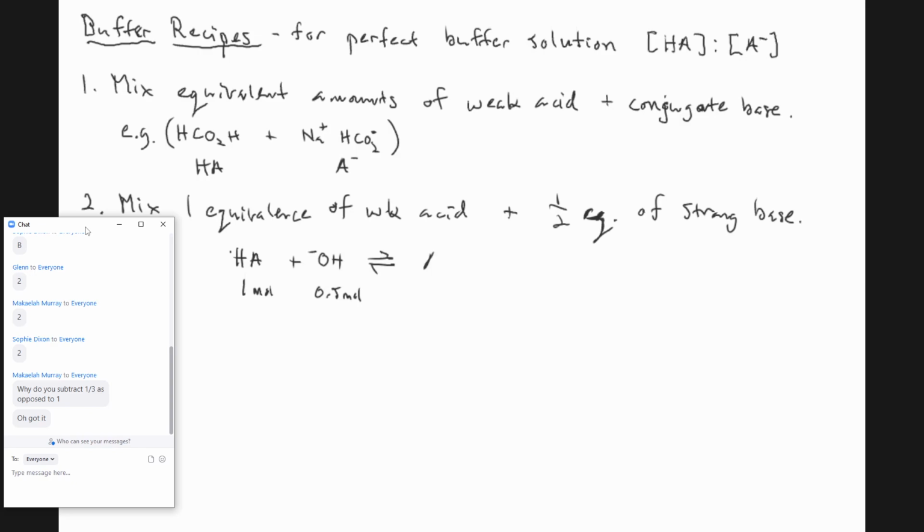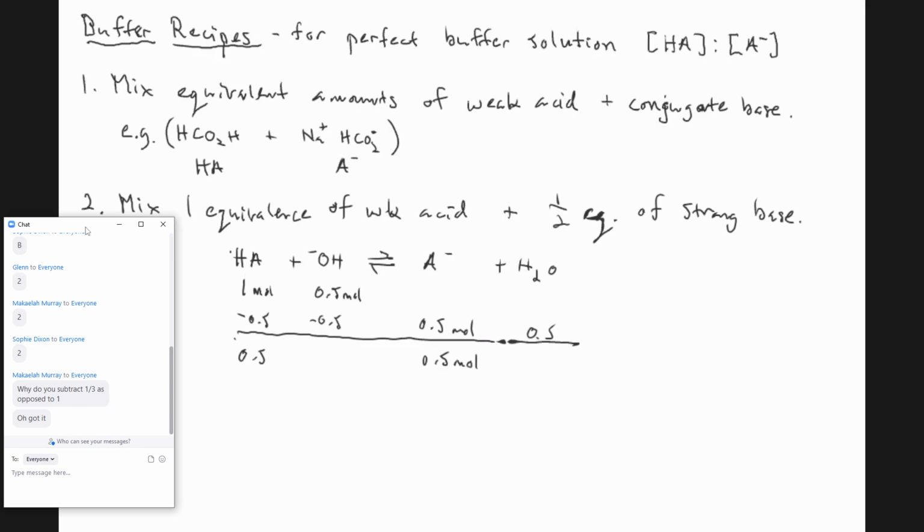You're going to get some conjugate base plus water left over, right? So we subtract 0.5, subtract 0.5, add 0.5, and then this is 0.5 as well. You're going to end up with equal concentrations of acid and conjugate base.